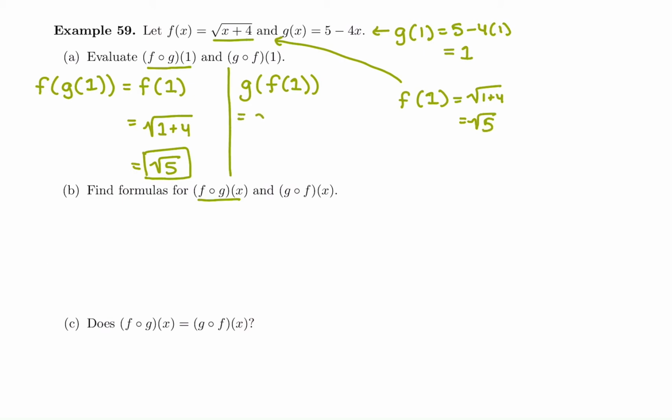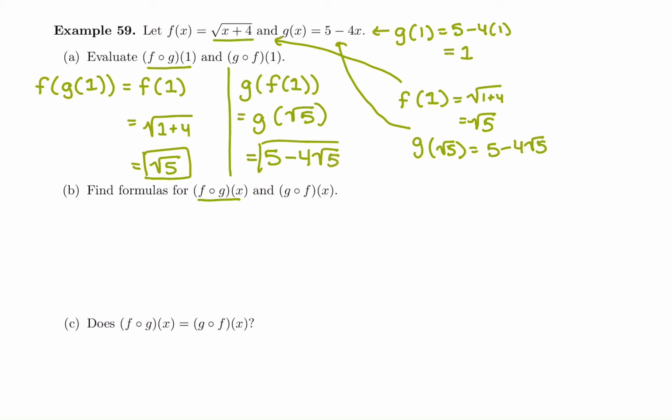So really here I'm doing g of the square root of 5, which means I'm going to go into the function for g of x and replace that x with root 5. g of the square root of 5 is going to be 5 minus 4 root 5, which is going to come out to be a crazy decimal, so I'm going to leave it as 5 minus 4 root 5. So you plug into the inner function first, and then take that result and plug it into the outer function.